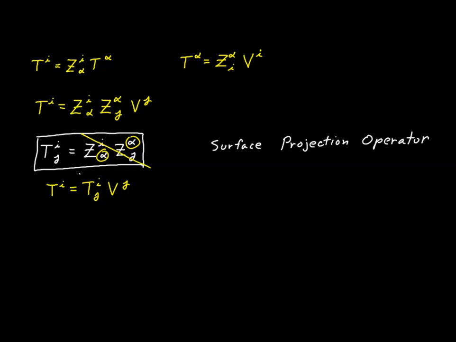Now, at the time, you'll remember that we made the point that that only works if we're contracting the ambient index. What we said at the time, if we contract the surface indexes, we're not going to get a delta function. We said that was going to have a totally different meaning. Well, this is that totally different meaning.